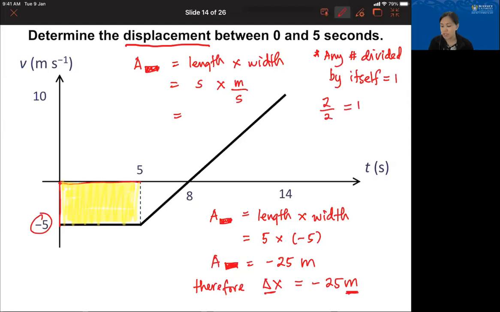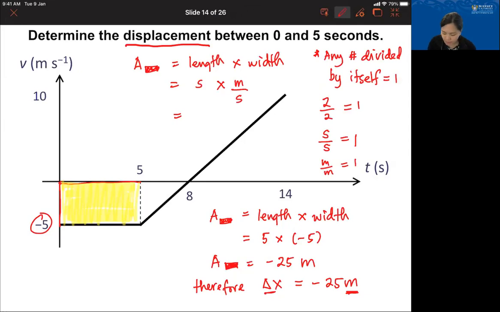That also holds if you use units or symbols. For example, seconds divided by seconds, you're dividing seconds by itself, that will give you 1. Or meter divided by meter, that will also give you 1. So anything divided by itself is equal to 1.